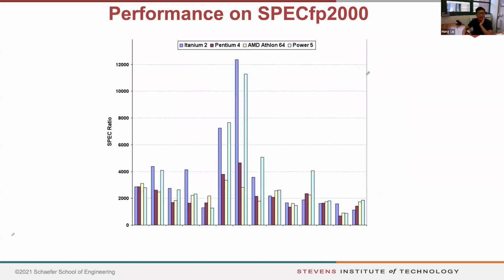But this also tells us when it goes to floating point operation, PowerPC becomes better, right? So PowerPC, let's use a diamond here.